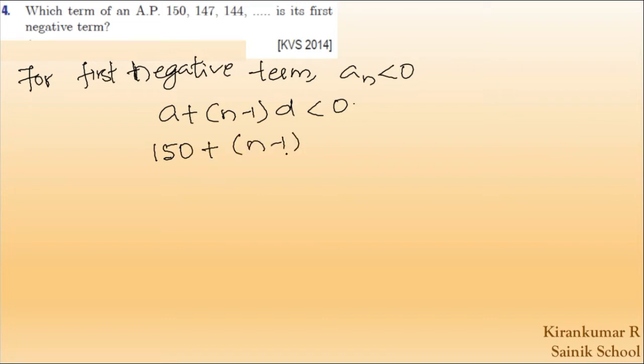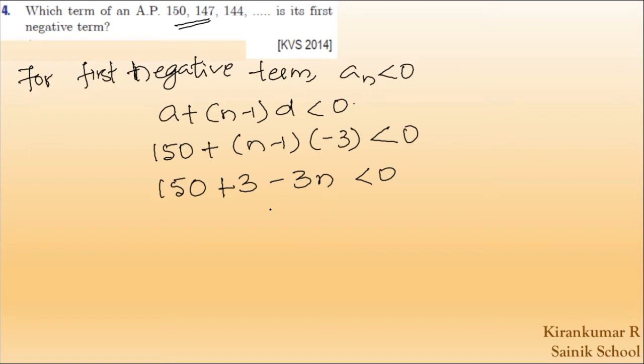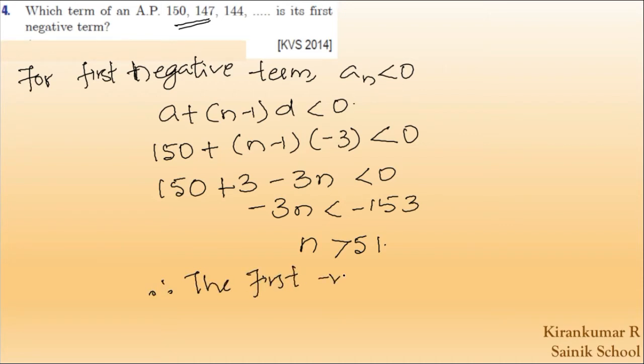The common difference is -3, because 147 minus 150 is -3. So let's simplify. 150 plus 3 minus 3n will be less than 0. So minus 3n will be less than minus 153. So the n value will be greater than 51. Therefore, the first negative term will be the 52nd term.